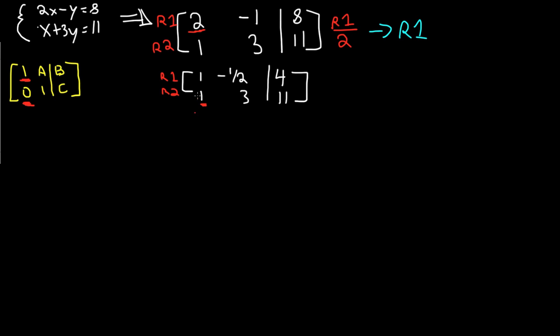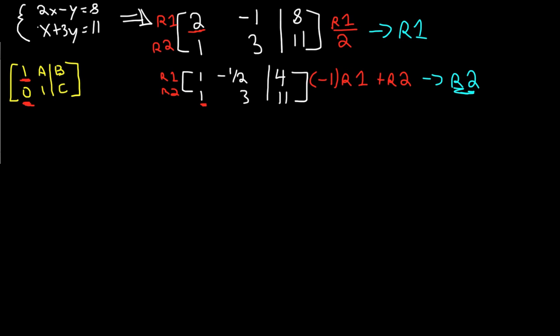So I'm saying multiply row 1 by -1 and add that to row 2. And we are doing that to change row 2. Only row 2. Row 1 will stay the same. The only row that's going to change is row 2.